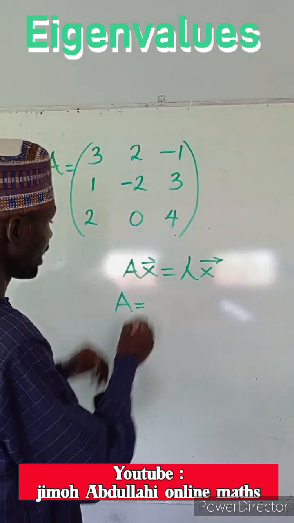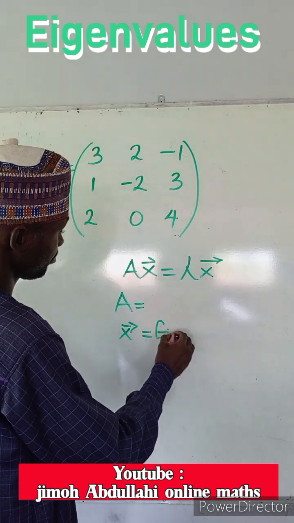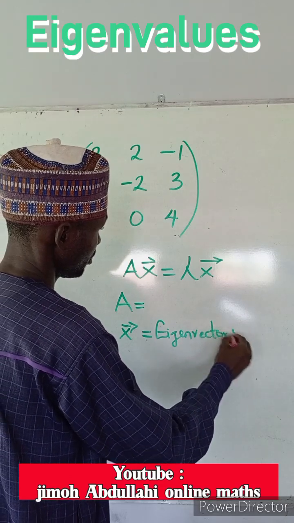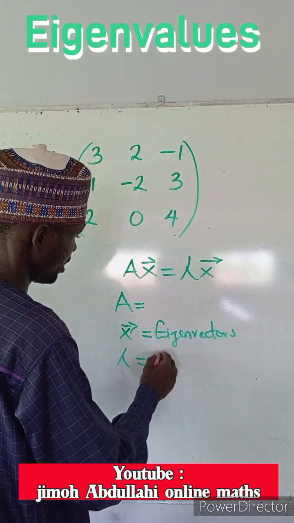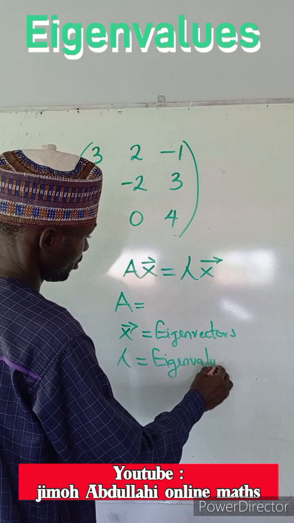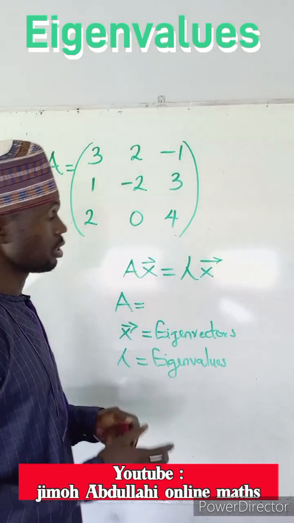Then the X is the eigenvectors. And this lambda is the eigenvalues. You understand? So that's the meaning of this. So this is what we are going to be looking at.